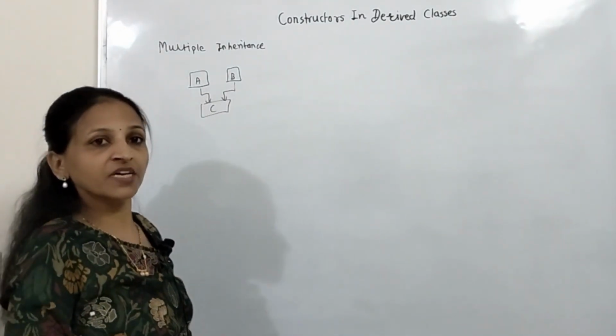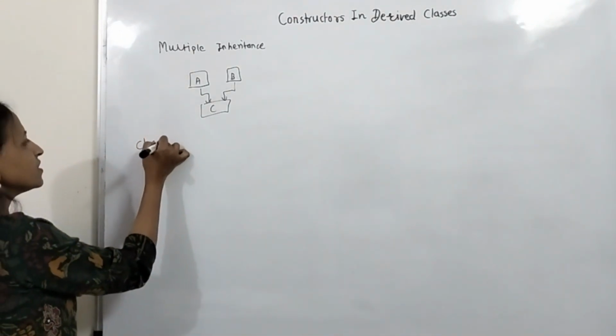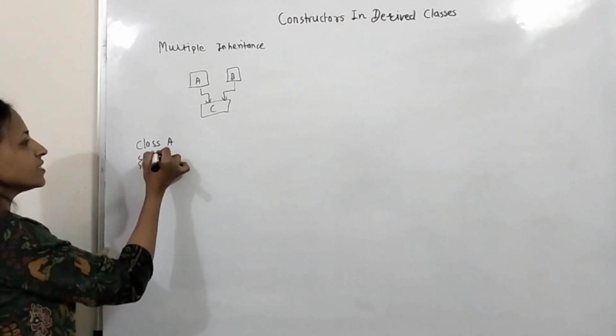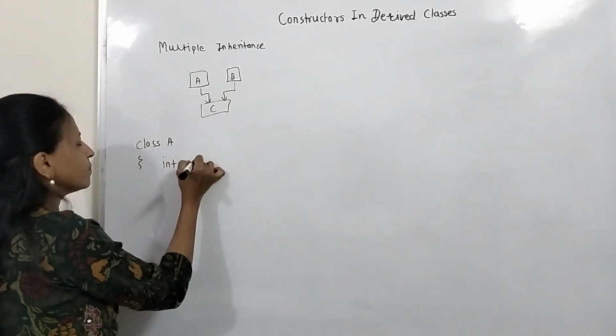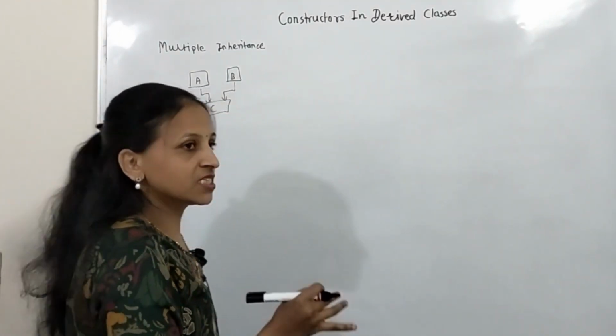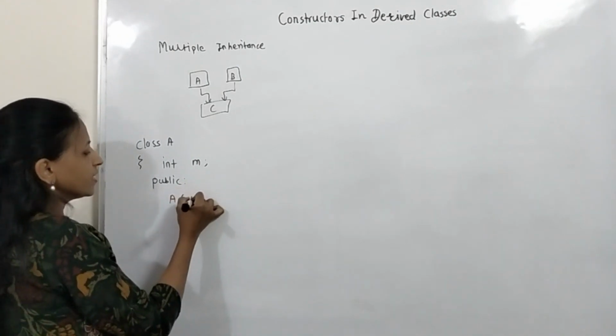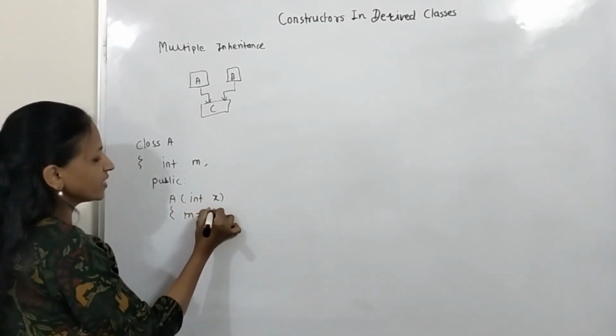Very easy program. Here we will take only one data member. Now class A first we will create. Inside that class A there is only one data member, let integer m, and inside the public section we will write a parameterized constructor A, and here we pass one integer argument x, m is equal to x, that's it.